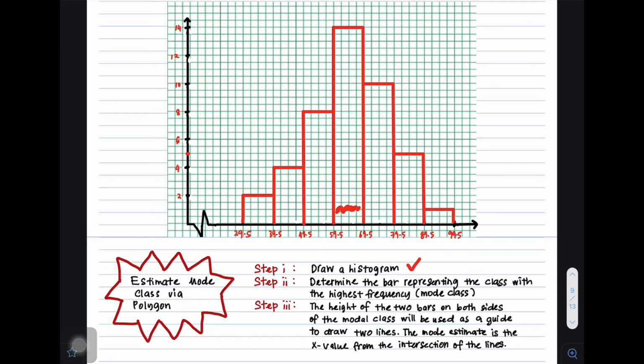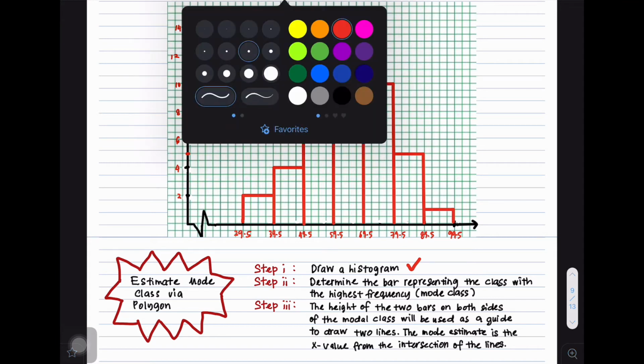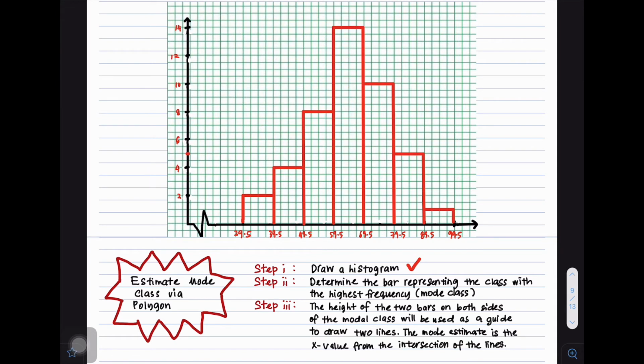Okay, so macam mana kita nak tahu mode value? Kita kena draw dua line. So kita dah determine the class yang mempunyai highest frequency. So macam mana kita nak draw two line? So awak ambil height untuk kelas yang sebelum mode class, awak sambungkan ke satu sisi, satu corner, and then you take the ketinggian bar yang selepas daripada mode class, awak sambungkan another sisi, buat X macam ni.